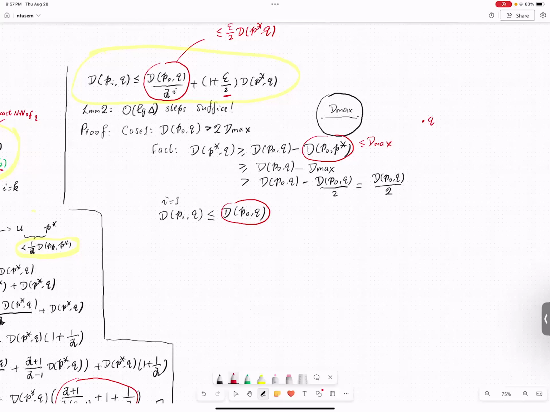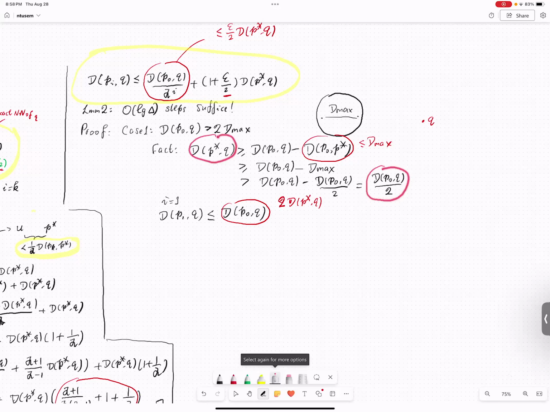We can replace this part by 2 times d(P star, Q), because we have just proved that this thing is strictly less than this thing.